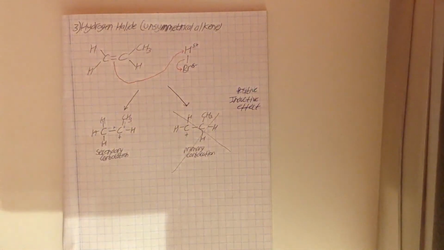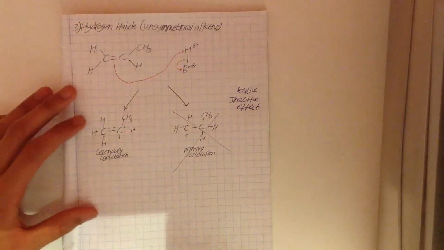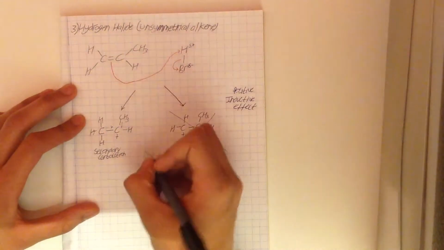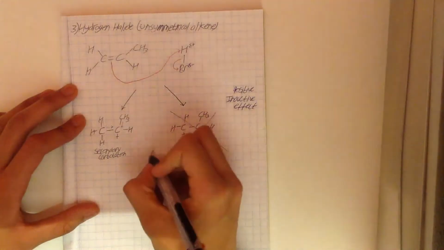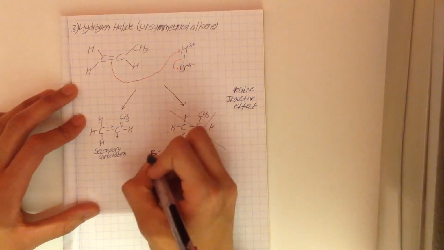Then if we complete the mechanism, we will have our Br, which we've just followed through. We have our Br here.